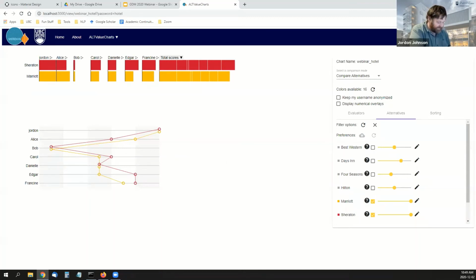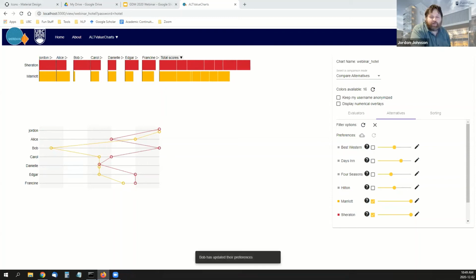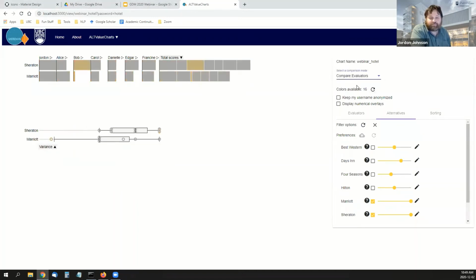And just to keep the demo relatively short, let's go ahead and pretend that the finance officer for the company comes in and reminds Bob that the trip's going to be paid for by the company, in which case he'll say something along the lines of, Bob all of a sudden decides that he loves the Sheraton, and now we have quite a bit more agreement on the subject.